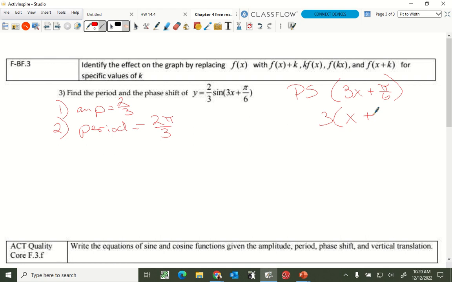So I'm multiplying the 6 times 3. So if I take this and divide that by 3, it's going to be 1 over 3, so it's going to be pi over 18. So the phase shift here is it positive pi over 18? It's negative, right? It's negative because it's going to be the opposite of what the sign is.